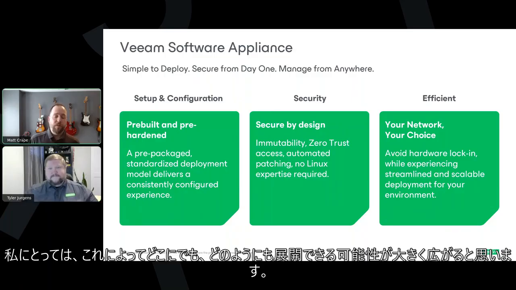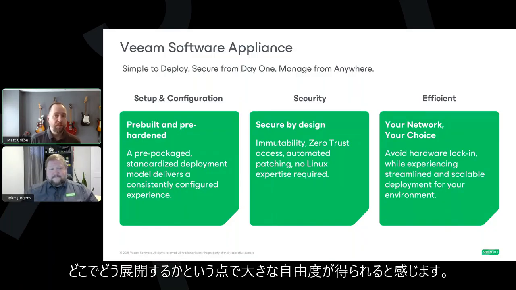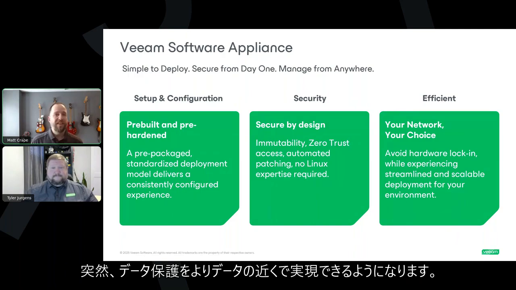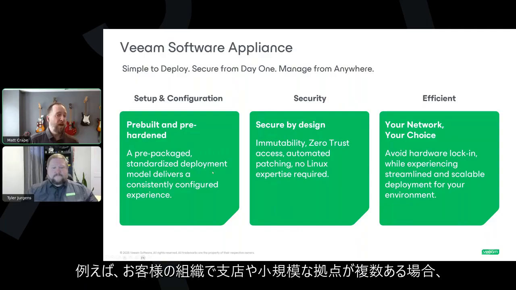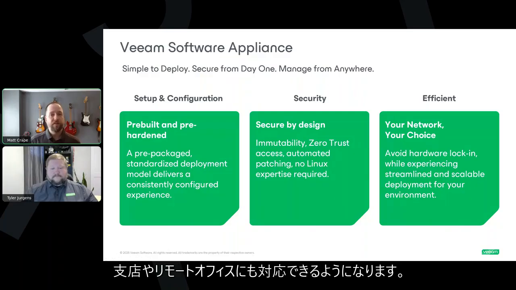Yeah, so to me, this really opens the door to where and how this can be deployed. All of a sudden, you're able to get data protection closer to the data. So say you have an organization that you're working with and they have lots of branch offices or smaller remote offices.